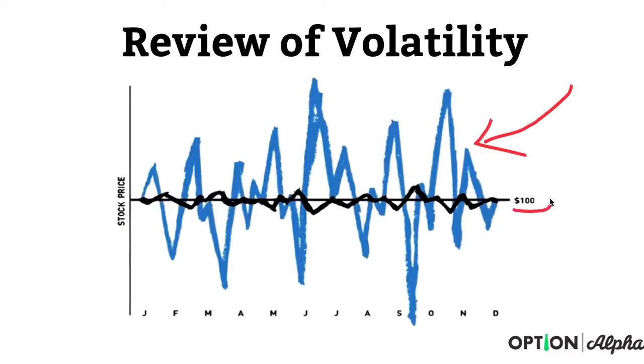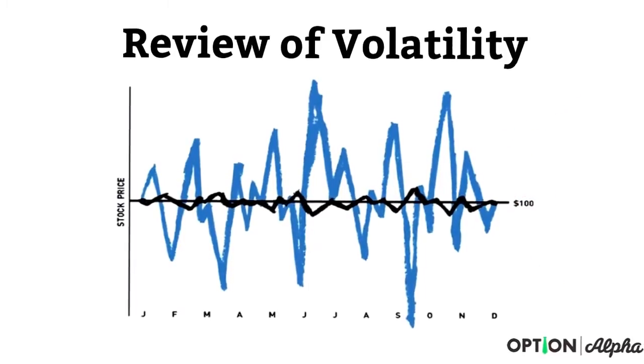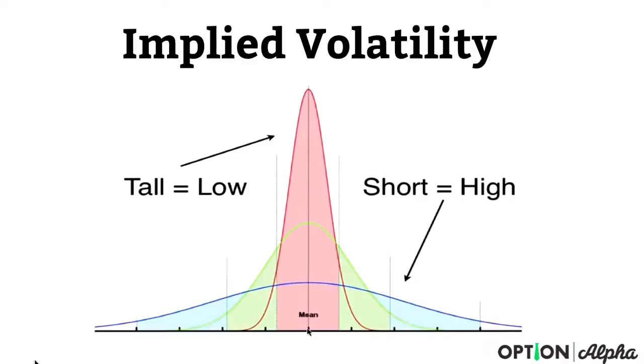Still the same stock, still around $100. It's just the level of movement or the frequency of movement that the stock makes. Now, this drives us to our next topic, which is implied volatility. Implied volatility is basically an expectation of where the stock might move in the future.